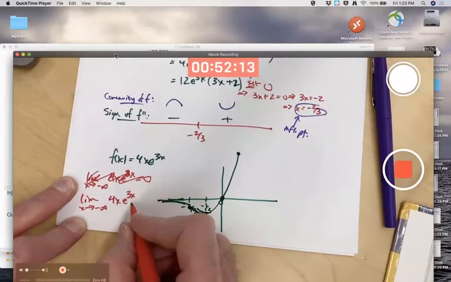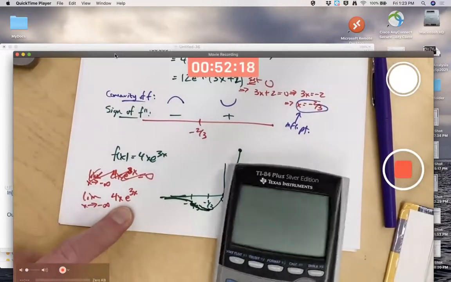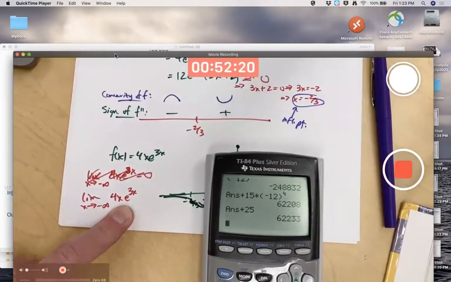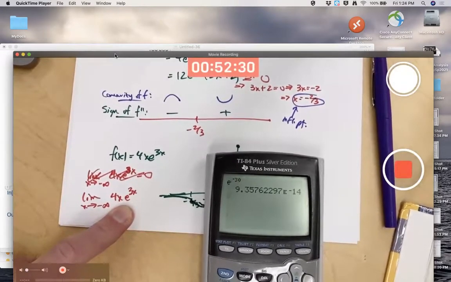Like when x is negative 10, that's an e to the negative 30 power. What's e to the negative 30 power? In scientific notation, it's about 9 times 10 to the negative 14. Very, very close to 0.